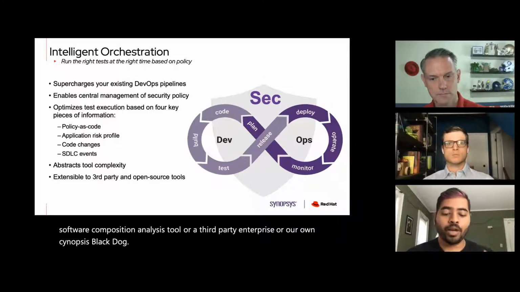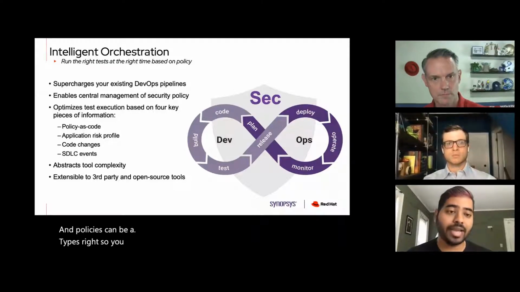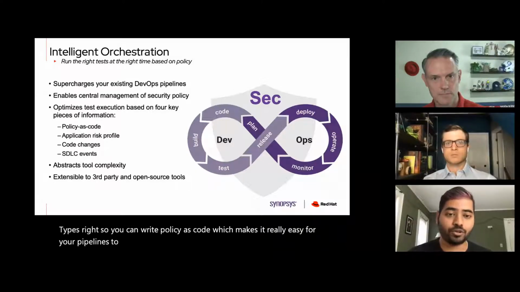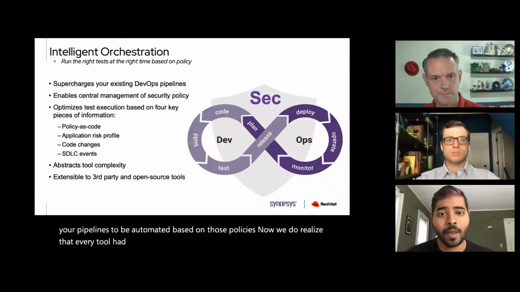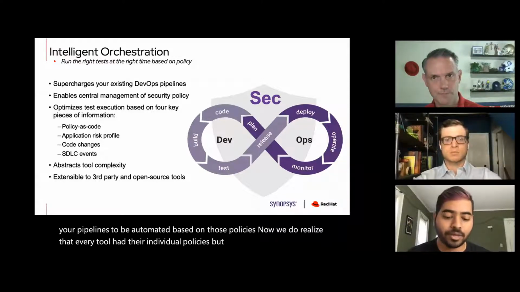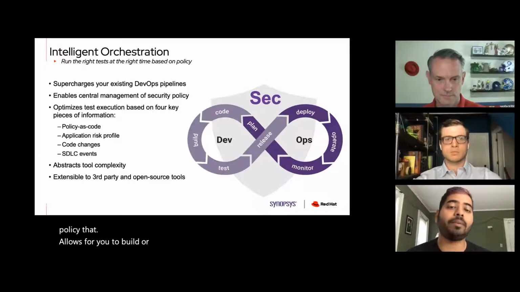And policies can be programmatized, right? So you can write policy as code, which makes it really easy for your pipelines to be automated based on those policies. Now, we do realize that every tool has their individual policies, but there has to be a master policy that allows for you to build or break your pipelines.